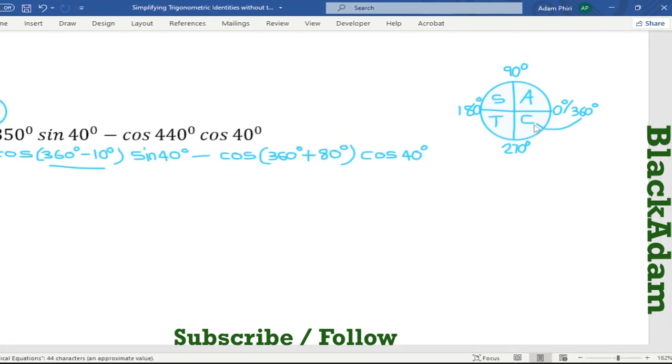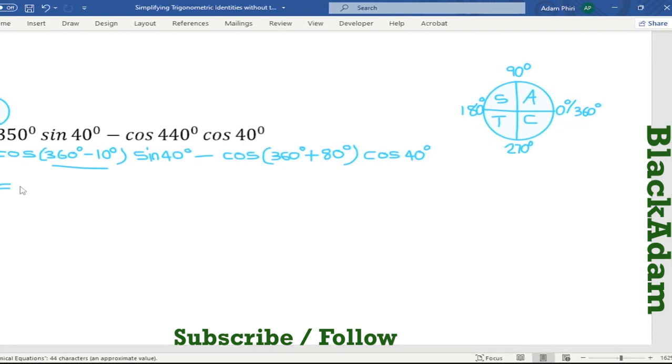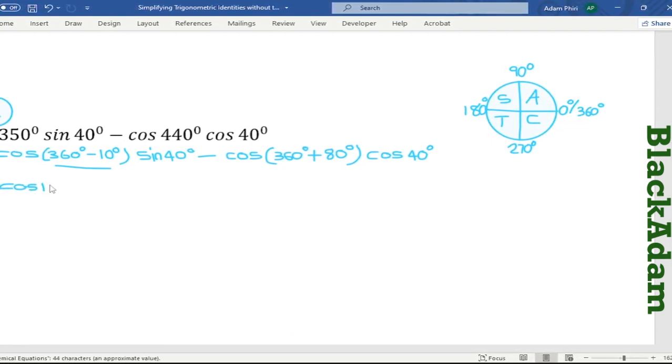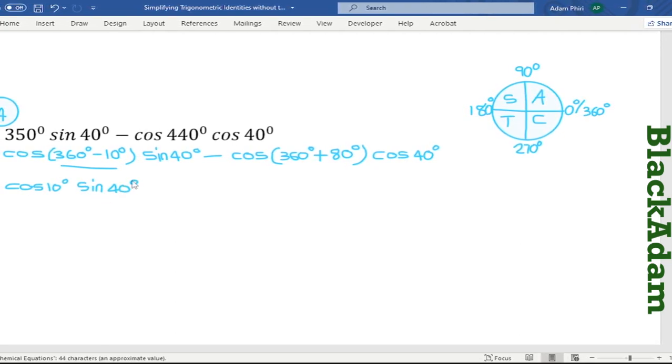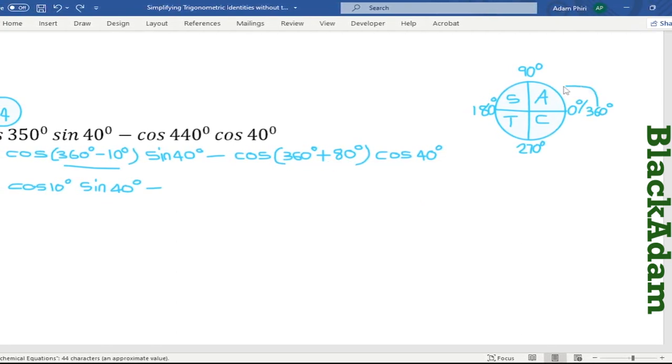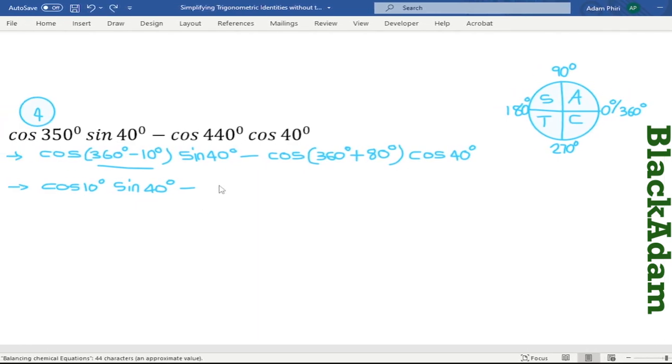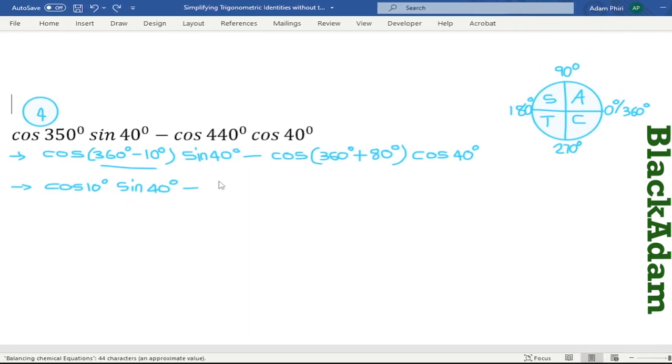And then from there we have 360 minus, that will be positive cos 10 degrees, and then sine 40 degrees, and then 360 plus, for cos, that will be positive. So that's positive cos 80 degrees, and then we have cos 40 degrees.